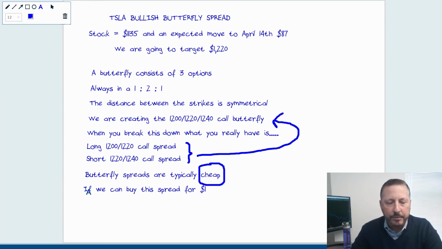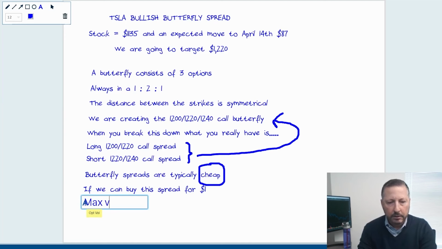Well, the maximum any vertical spread can be worth, meaning where the strikes are within the same expiration, so not a calendar or anything like that, the maximum value is $20.